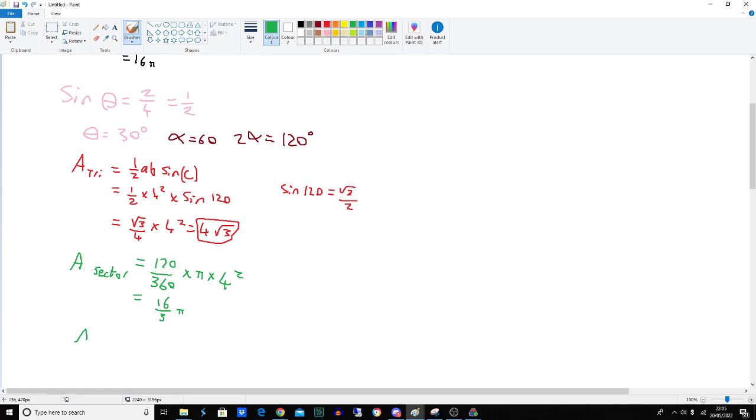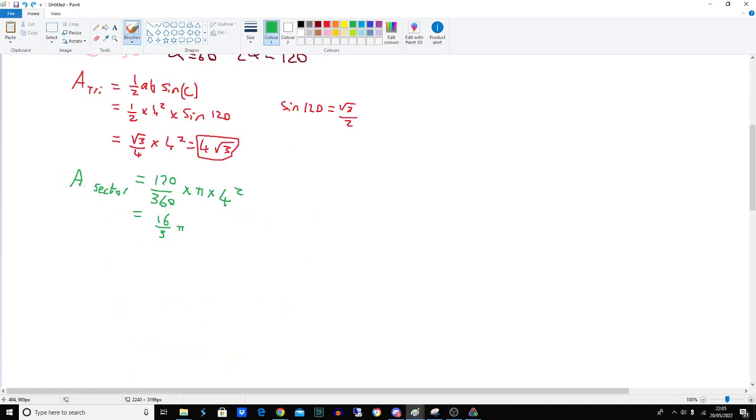Now that we worked out the area of the sector, and here we have the area of the triangle, we have to remove this triangle from this sector.